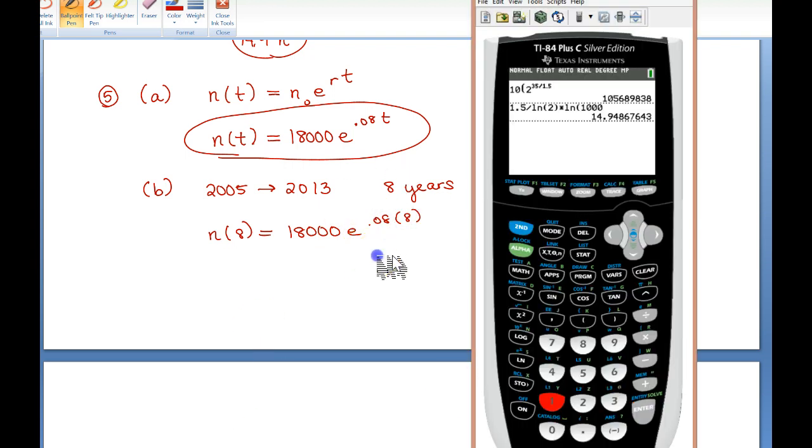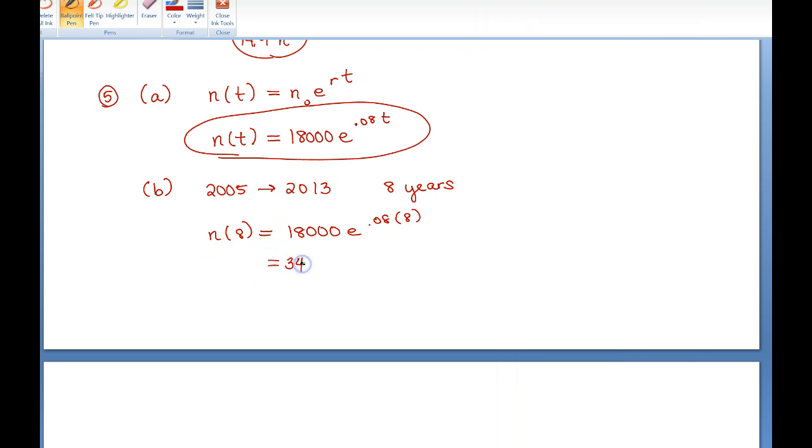So we're going to type that in. 18,000 times e to the 0.08 times 8. And we get about 34,137 if we're rounding for population.